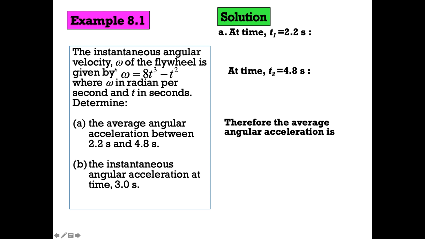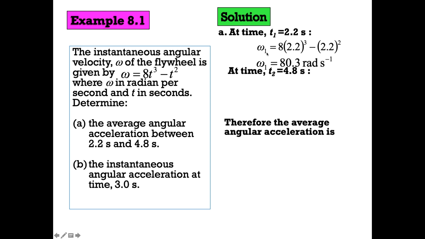Okay, so this is the instantaneous angular velocity. It means if we substitute the time of 2.2 seconds into this equation, we will get the instantaneous angular velocity at that time. So we substitute the time and we obtain the first angular velocity, omega 1, as 80.3 radian per second.